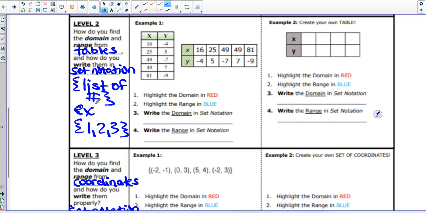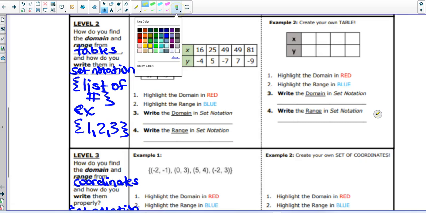All right, a table is considered level 2. Tables may be easier than mappings, but again, my domain is all of my x values. So I am going to highlight my x values red, because that's what it tells me to do.